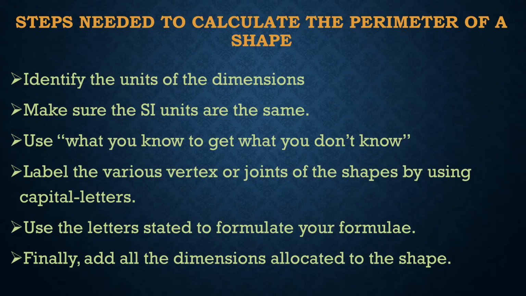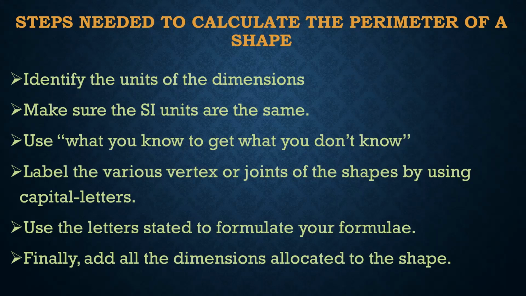So first we said identify the units of the dimensions, make sure the SI units are the same, and use what you know to get what you don't know. Use the properties of rectangles or the properties of quadrilaterals to also get the other dimensions that were not given.